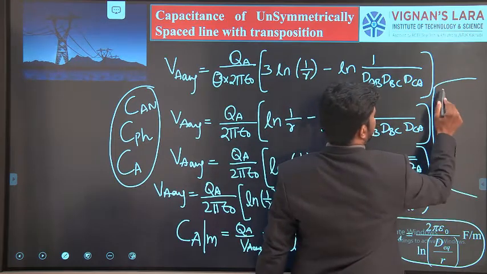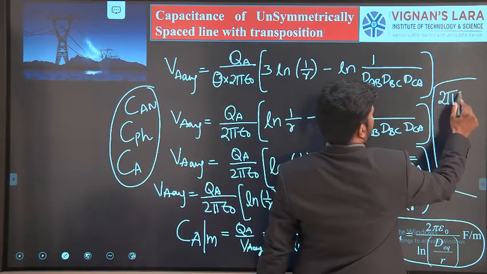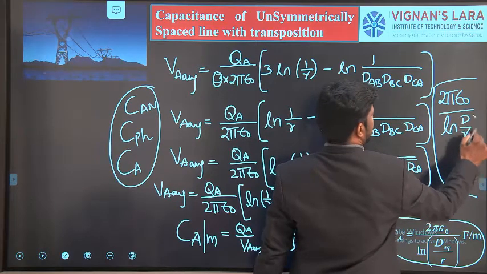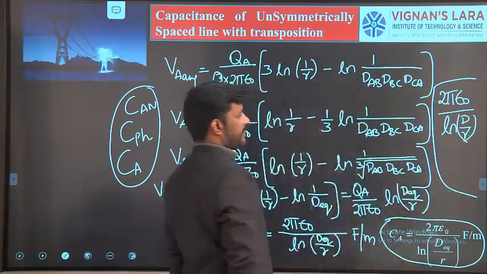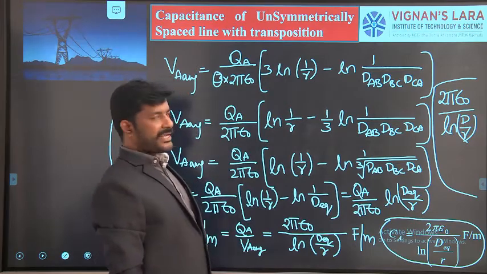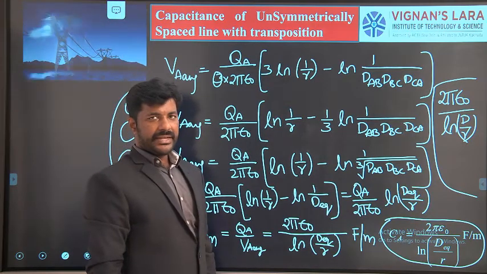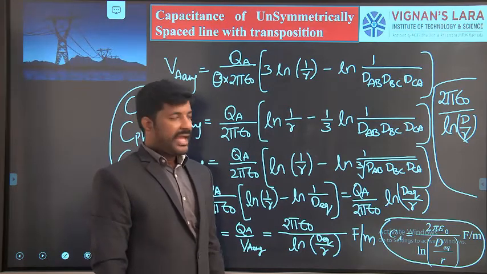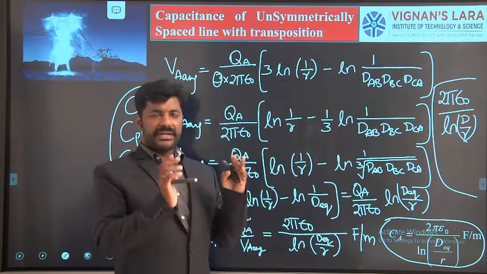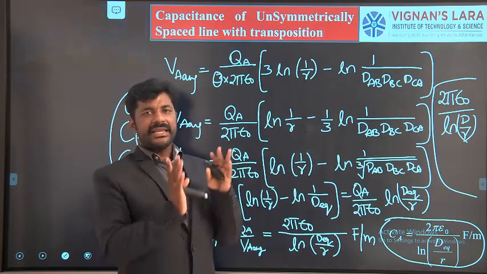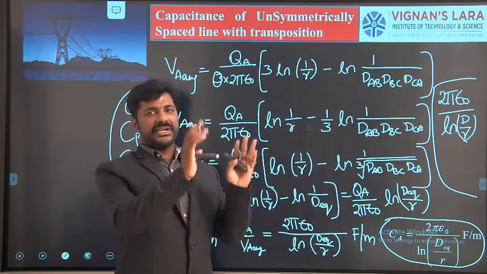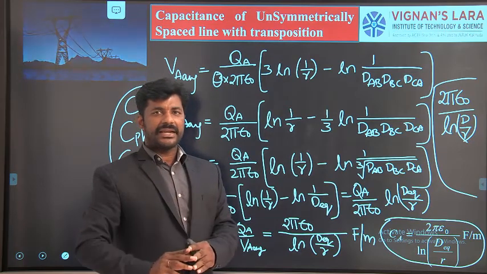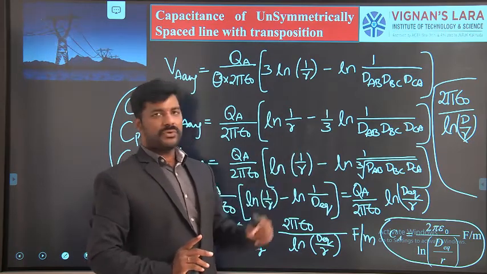Its value is 2 pi epsilon naught divided by ln of D by R, where for a transposed line D is replaced with D equivalent, where D equivalent is the cube root of DAB, DBC and DCA. The only difference between inductance and capacitance is that in inductance we go for the fictitious radius R dash, whereas here we use the normal radius for a solid conductor, which is equal to R.